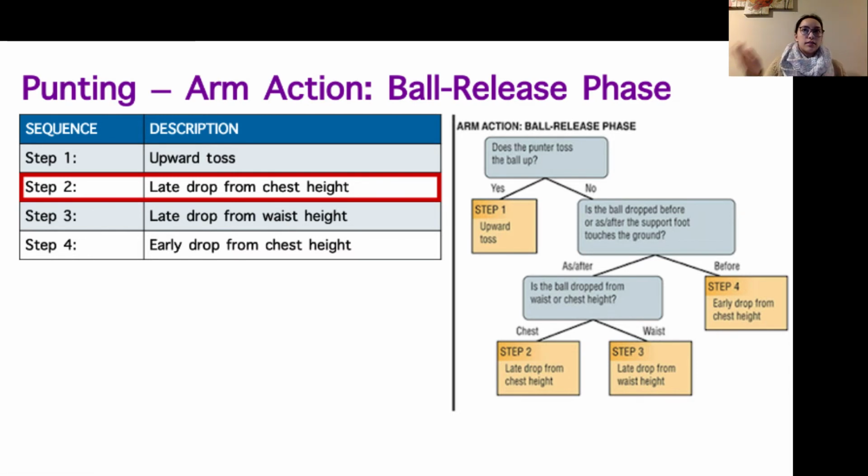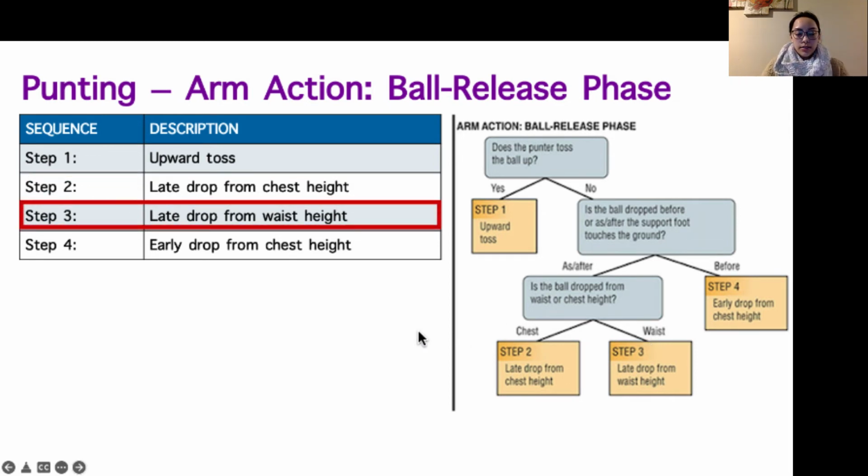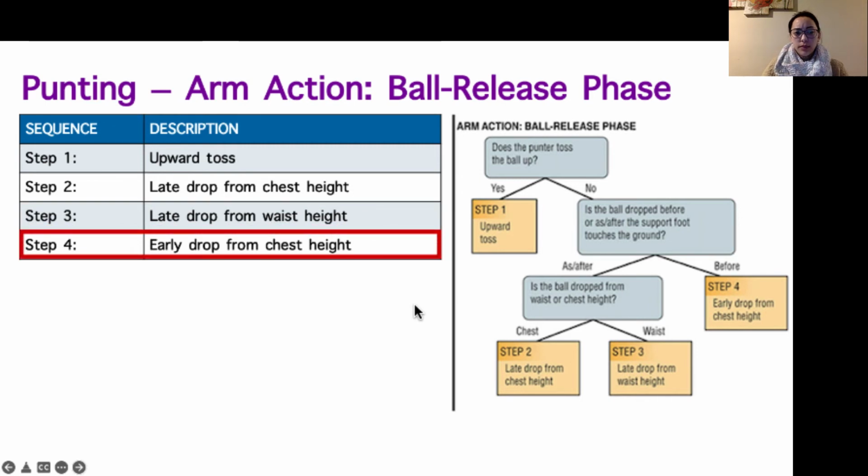Thus timing between the kicking leg and the release might be more messed up than if a person had dropped the ball late from more of their waist level. What we really want, so that's steps 2 and 3, what we really want is an early drop from chest height, so dropping the ball from a chest height before you make the last step onto the support leg.